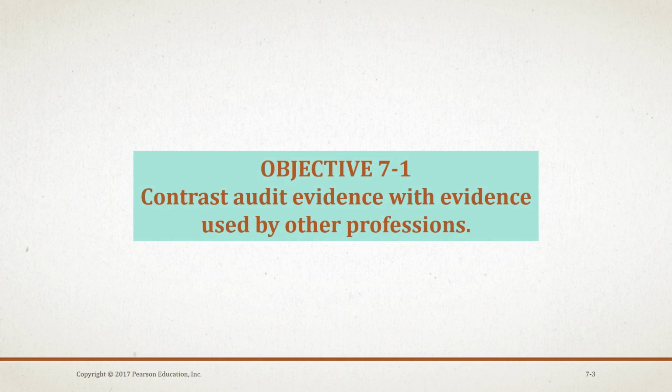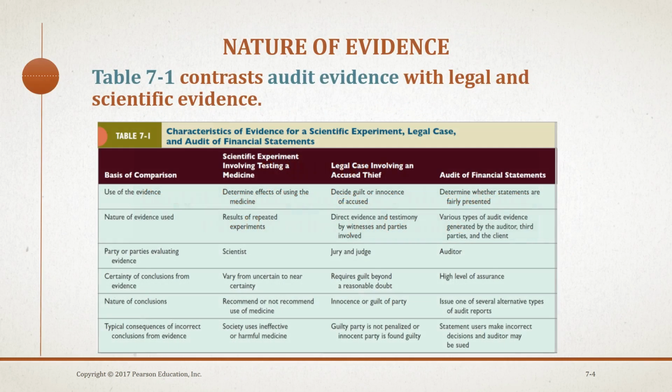The first objective. So this table over here contrasts audit evidence with legal and specific evidence. Basically, if we take a look at the use of evidence, first line here, in an audit, we're looking to determine whether financial statements are fairly presented.